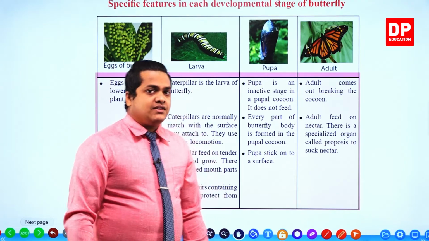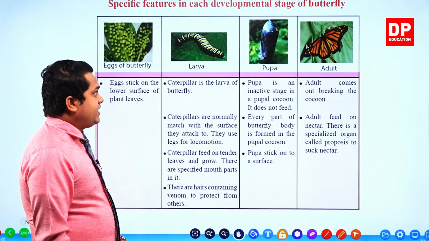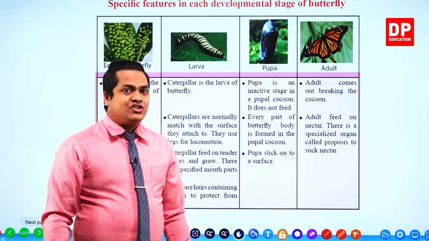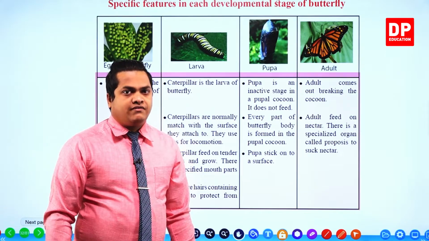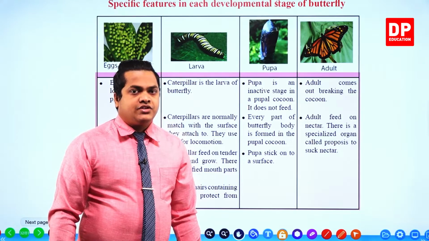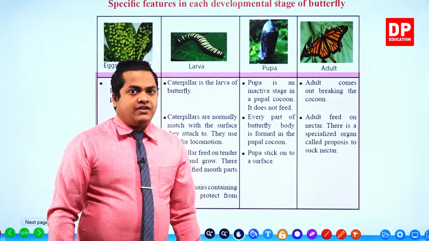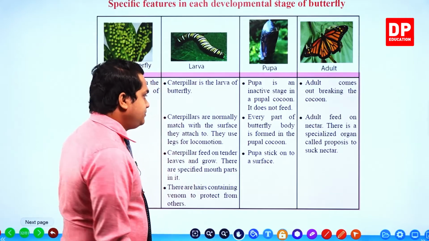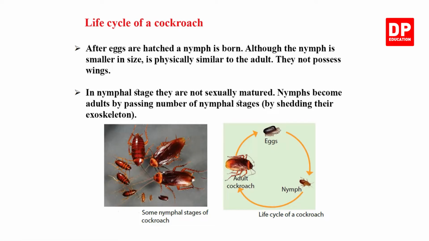So these are the important features that we can identify in each life stage of a butterfly, my dear children. Then, we have discussed two main life cycles up to now.